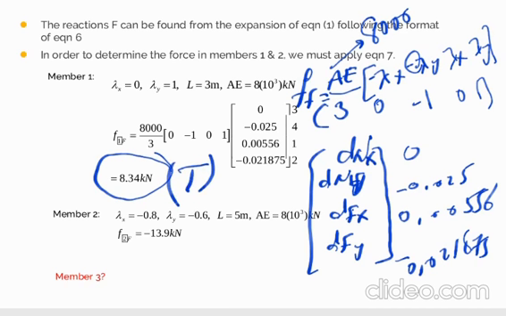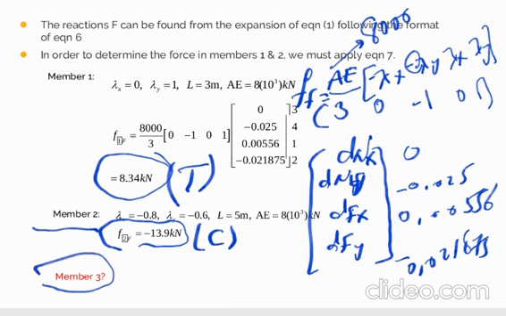Same way with member number 2, we will get minus 13.9 kilonewton, it's compression. And try to find also member number 3. I will give you the last value.